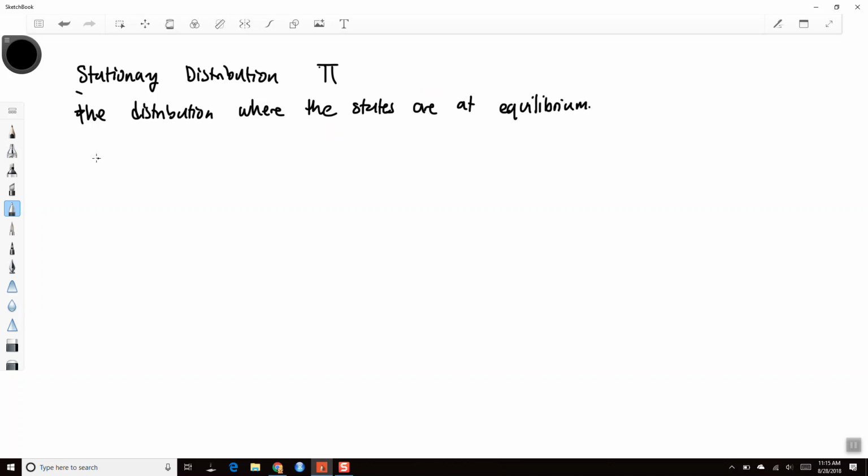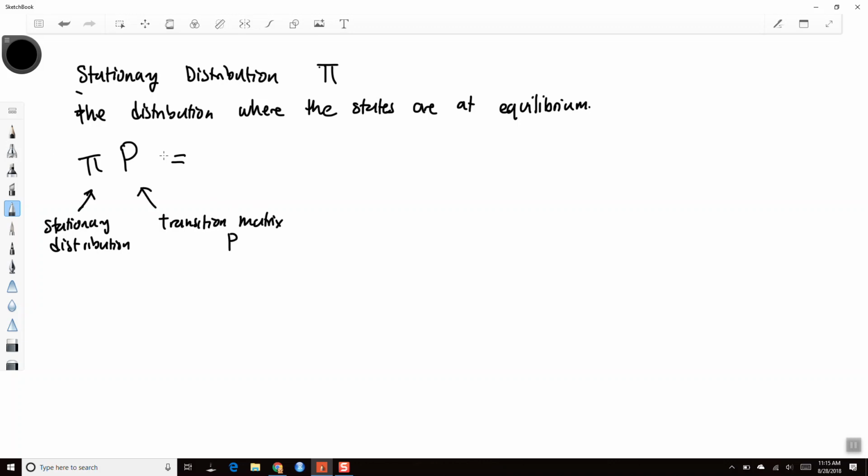And it will have the property that the stationary distribution pi times our transition matrix P, okay, if I do pi times P, what should it equal?